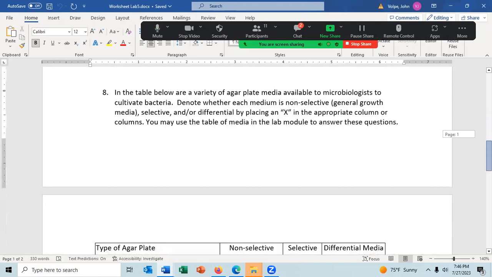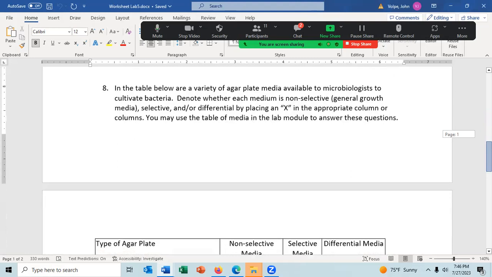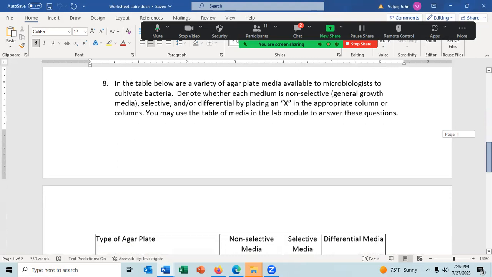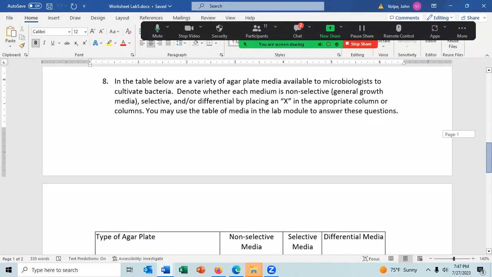8, in the table below are a variety of agar plate media available to microbiologists to cultivate bacteria. Denote whether each medium is non-selective, like a general growth medium, is selective, or differential by placing an X in the appropriate column.